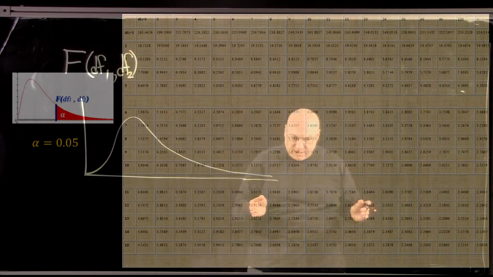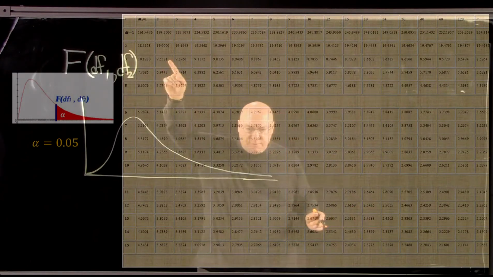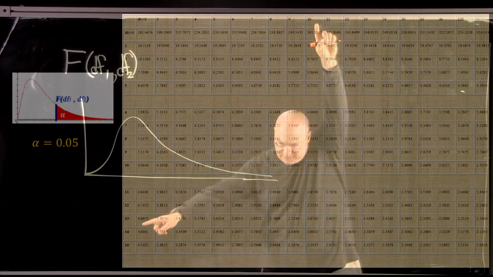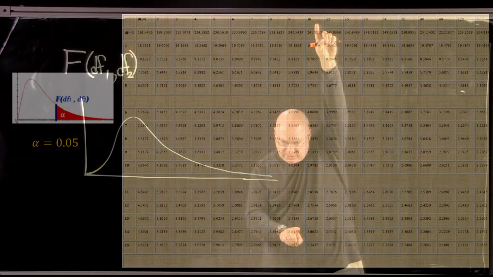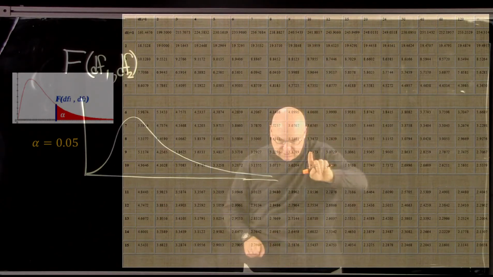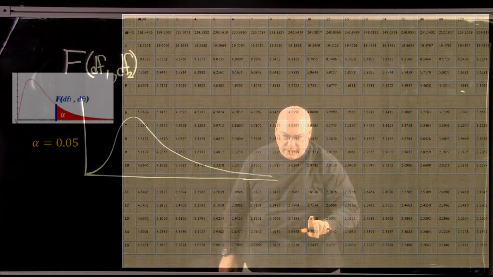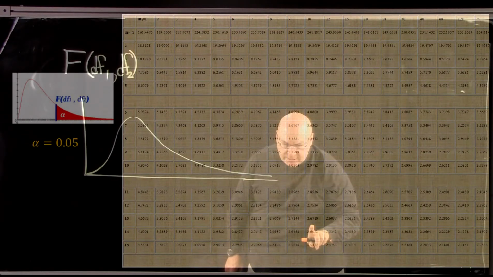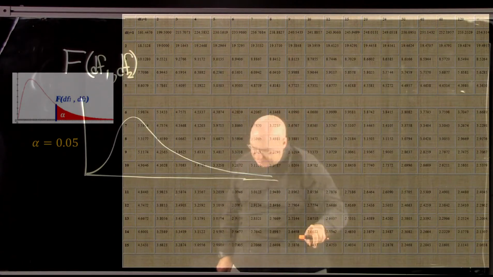I have these tail probabilities, and along the top I have the first number of degrees of freedom, so there's 10. Then down here I have the second, there's 13, so let me come down, and there I get 2.6710.